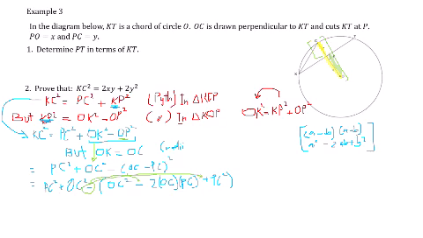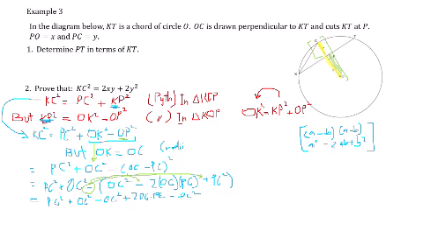Next step, PC squared plus OC squared minus OC squared, then plus 2 OC PC, this is bracket times minus your PC squared.